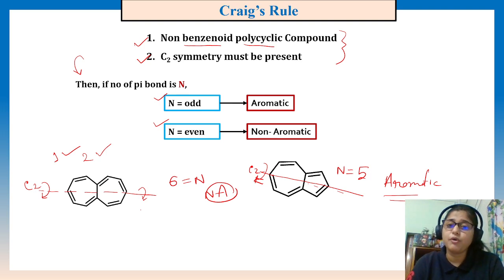The most important thing is question solving. You have to practice a lot because the chapter is easy, but mistakes can arise in this chapter frequently. Don't forget Craig's rule also, because questions are coming from that, so that's why I have incorporated this.